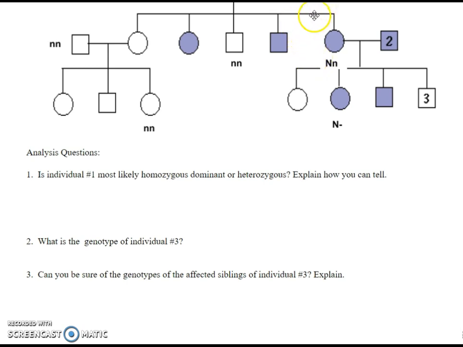One of the parents of individual 3 is known to be heterozygous, capital N, lowercase n. The spouse, known as individual 2, must also be heterozygous in order to have any unaffected offspring.